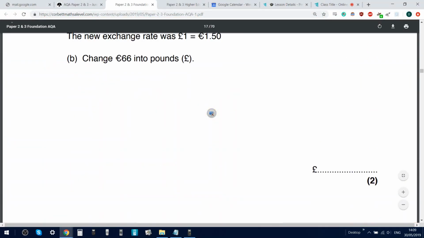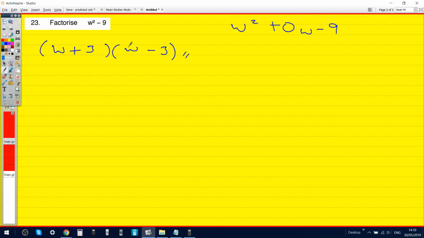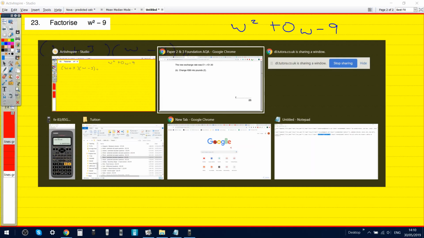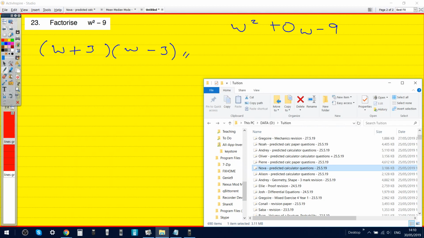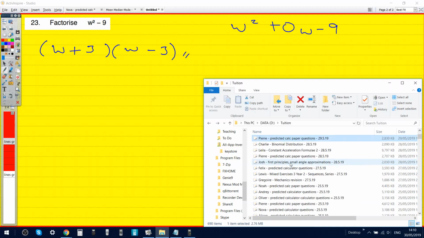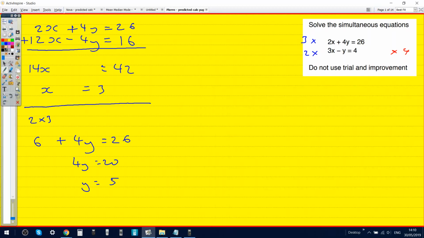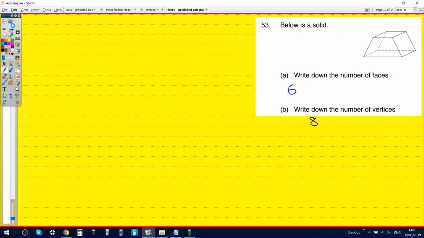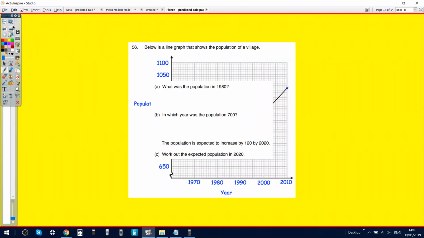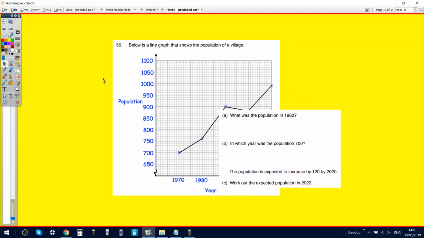So I just want to see where we stopped last time. I also looked at the type of simultaneous equation where you have to rearrange.